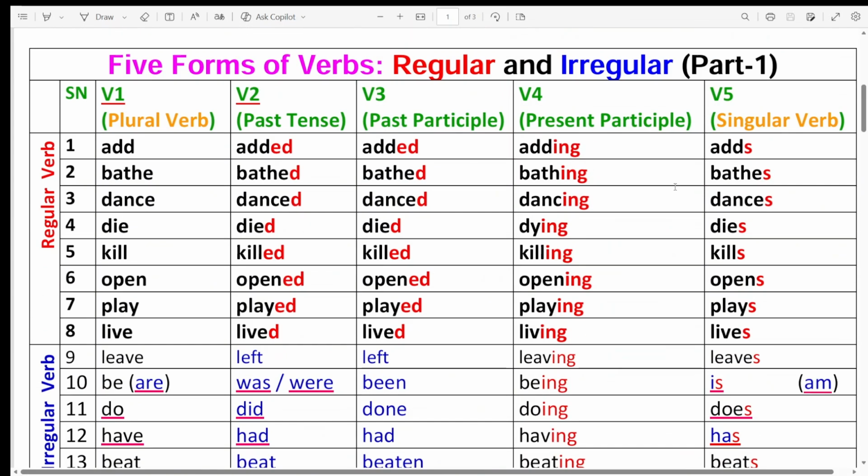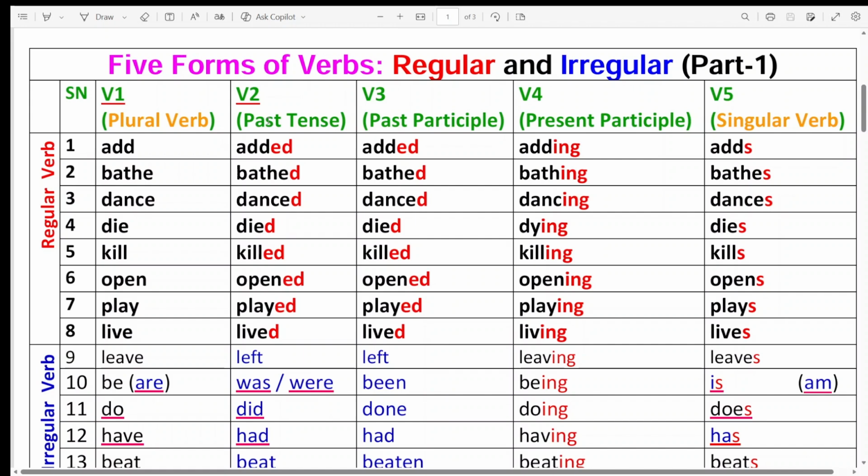Now, as we have talked about our supporting topics, you can understand this very well, easily. On the basis of forms, there are 5 forms of verbs, and some verbs are regular, whereas others are irregular.